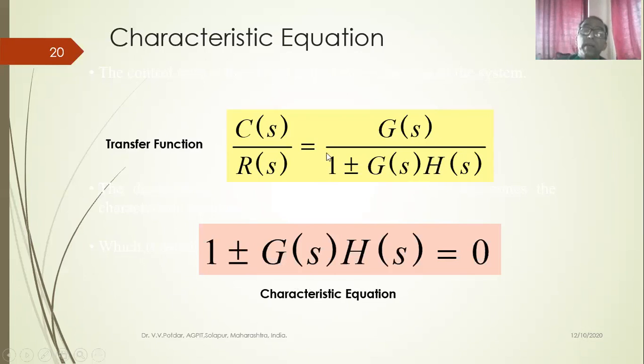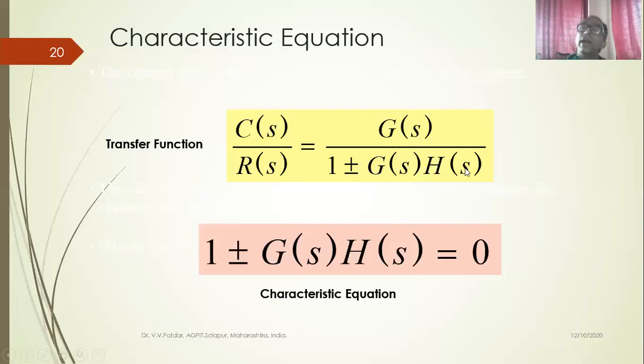What I said, the denominator of the closed loop transfer function of a feedback control system, when equated to 0, becomes the characteristic equation. Now, why is this called the characteristic equation? Even though I have written G(s) H(s) here, G(s) corresponds to some transfer function in s. It will be some polynomial in s, maybe s plus 1, s plus 2, that factor will be there in G(s). And in the denominator, I'll have the factor s plus 1 into s minus 2.